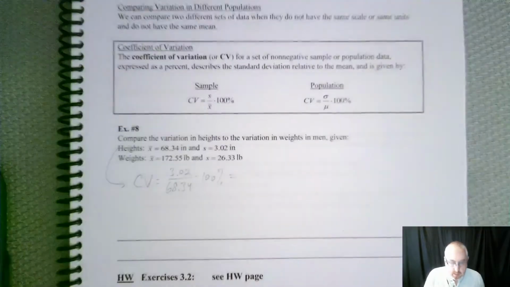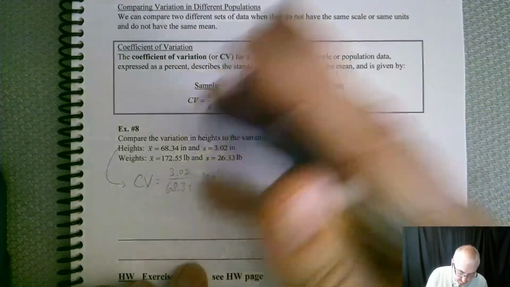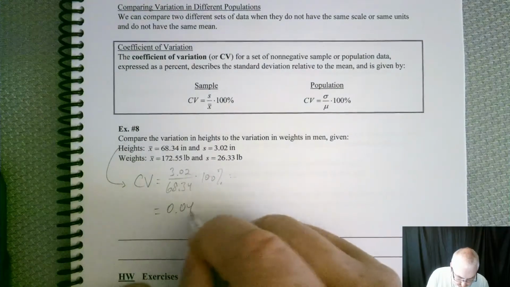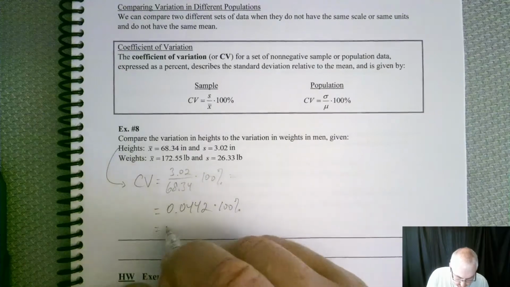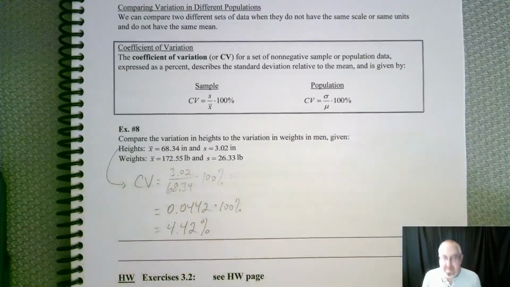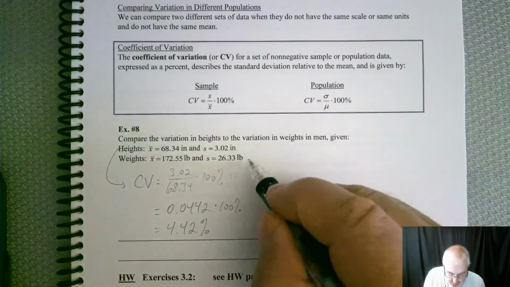Okay, so I'll put it underneath. 0.0442 times 100%. So it looks like 4.42%. All right. Well, we're not going to know if it's bad or good until we see the other one. So let's do the other one.